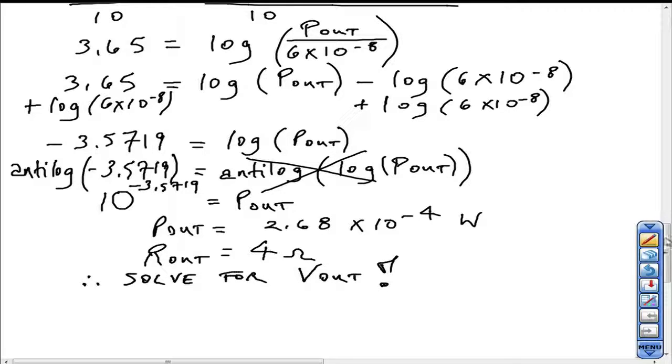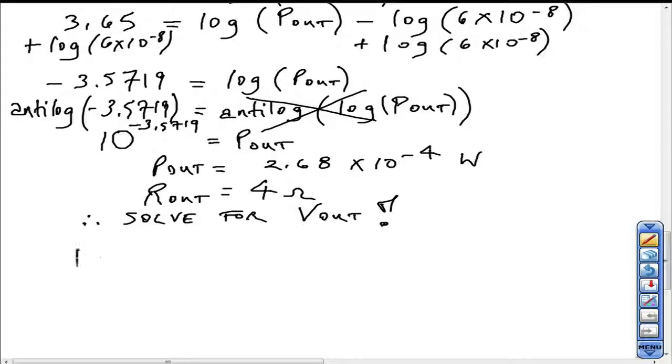Let's get that power formula that we're very familiar with. Power out is V out squared divided by R out. We don't want to solve for power or resistance; we want to solve for voltage.